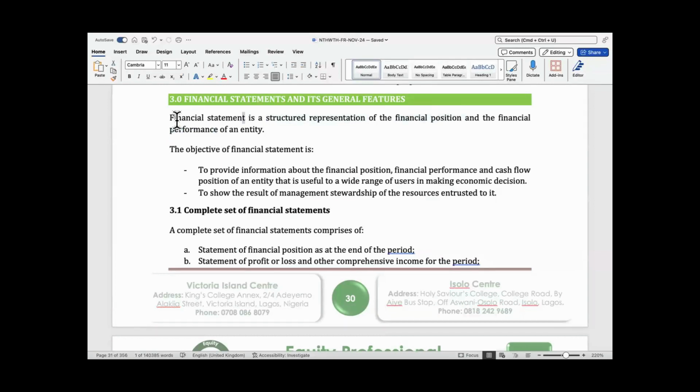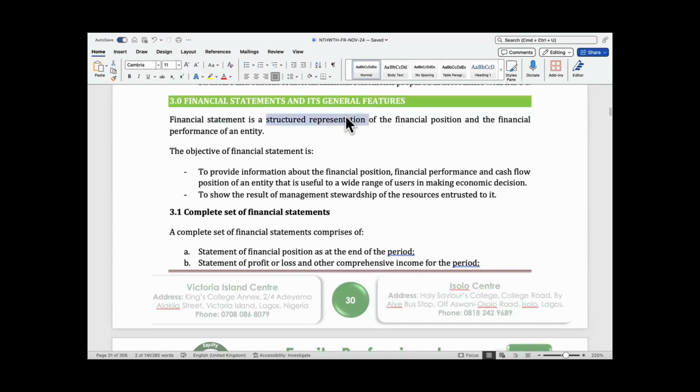So everything you'll be learning in this class, everything myself and Mr. Kazim are teaching you in this class, is all about financial statements. And that financial statement is just structured. IAS 1 is what helps us structure it. It gives it a format, a structured representation of the position and the performance of an entity.